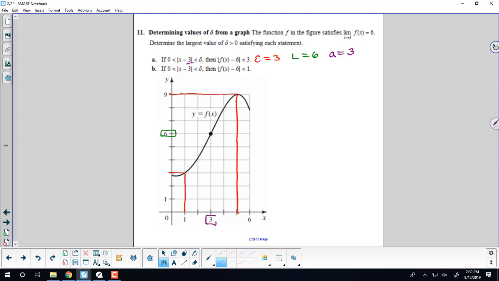That'd be 2, I think. All right, then. Everybody all right with that?